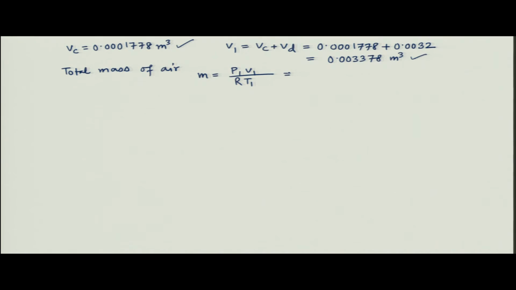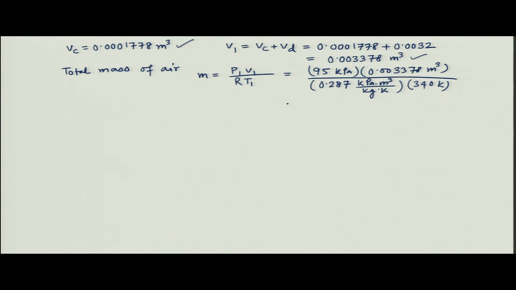P1 is given as 95 kilopascal, multiplied by V1, which is 0.003378 meter cube, and R is 0.287 kilopascal meter cube per kg Kelvin, and temperature at the beginning of the compression stroke is 340 Kelvin, that is given in the problem.